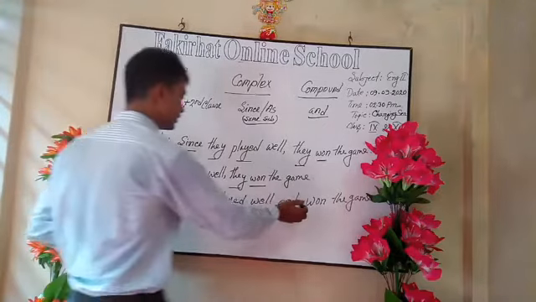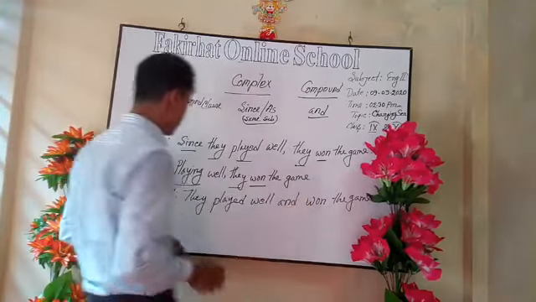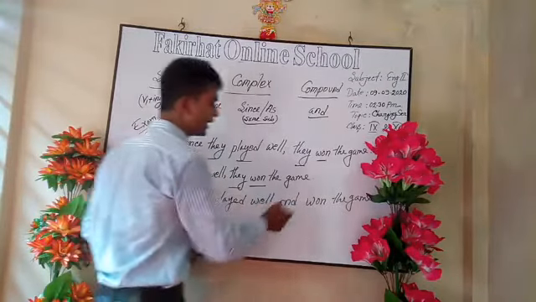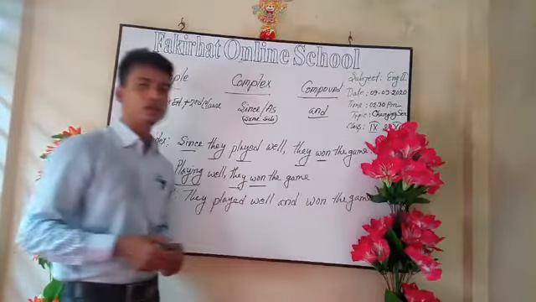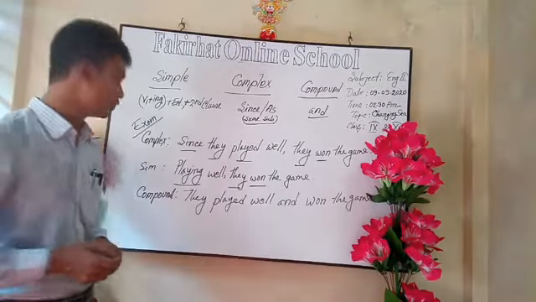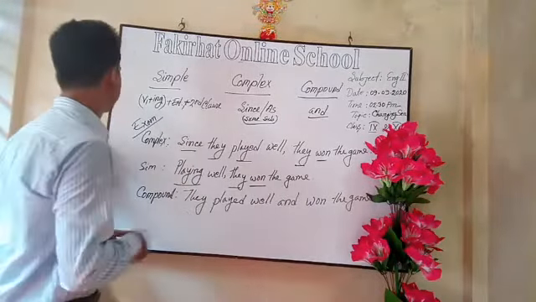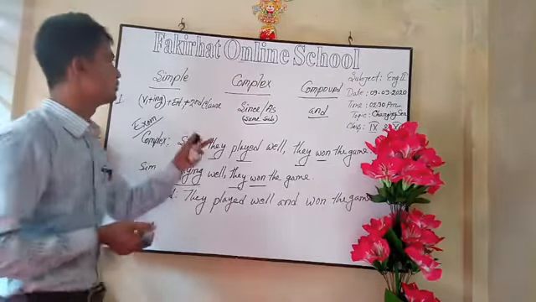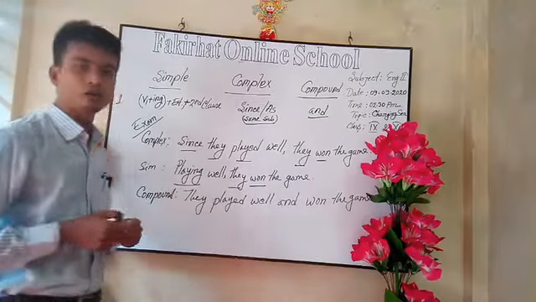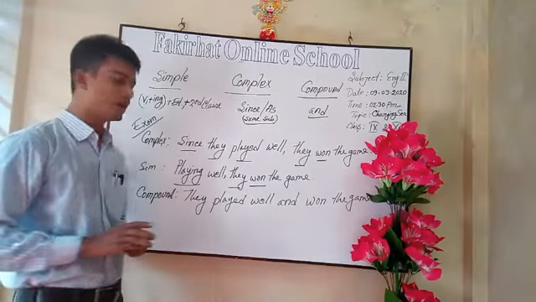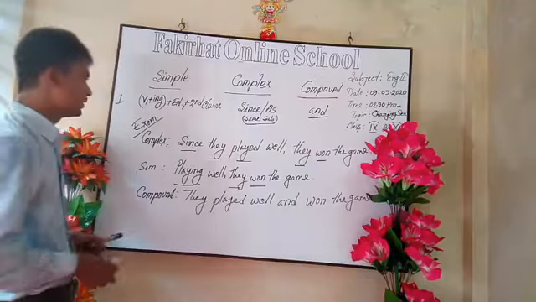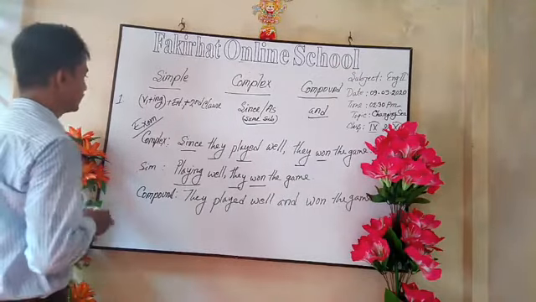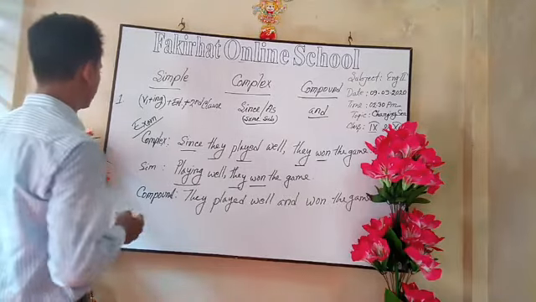That's why it is allowed. So they played well and won the game. That means they played well and they won the game. I hope you have understood this first rule, simple to complex to compound. Okay, dear students, I hope you have understood. Please note it down. Now come to the next rule.